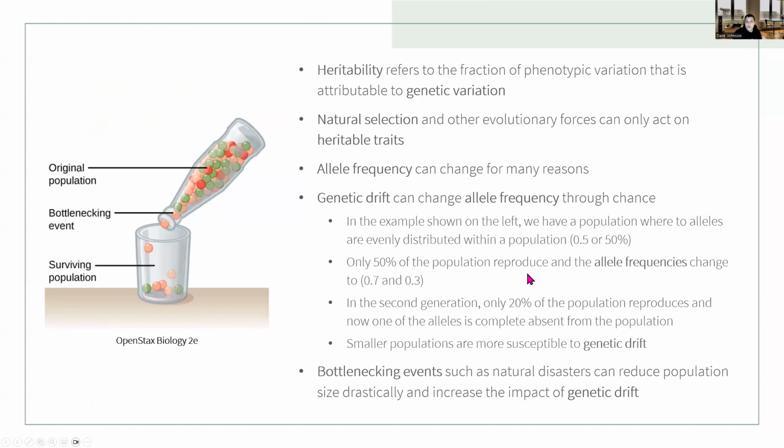Some other reasons where we may see a change in the population also are bottlenecking events. I have talked about bottlenecking events in other videos of mine, but I'll rehash that here. Bottlenecking events occur when a significant force acts on a population to drastically reduce the size of that population. Many times in nature, bottlenecking events are natural disasters.